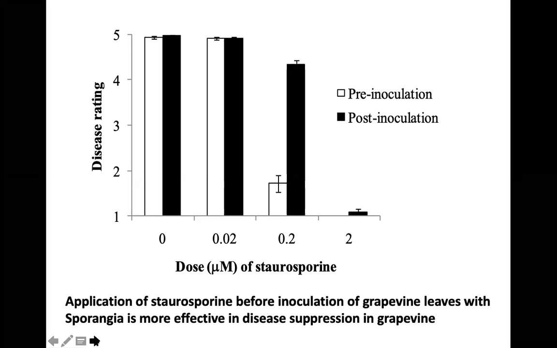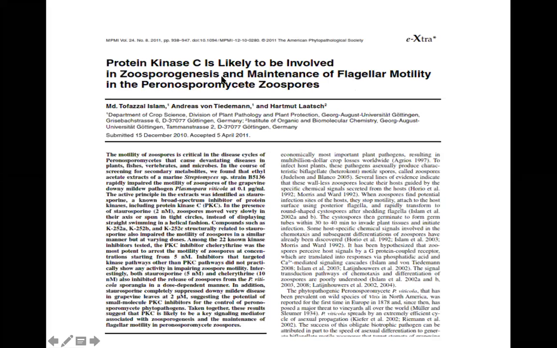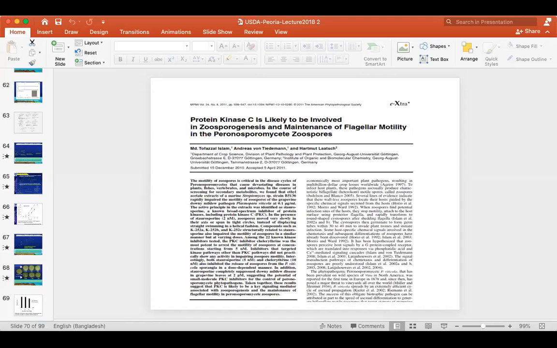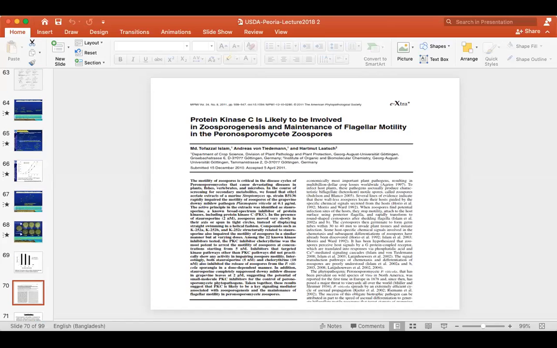So this is the result, and we published this paper in Molecular Plant Microbe Interactions. And if you need the full paper, I can share it with you. So this is all about today's talk. We can discuss some more.